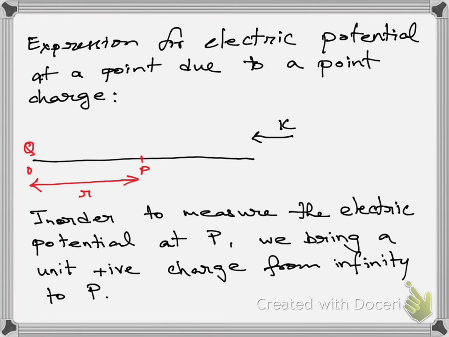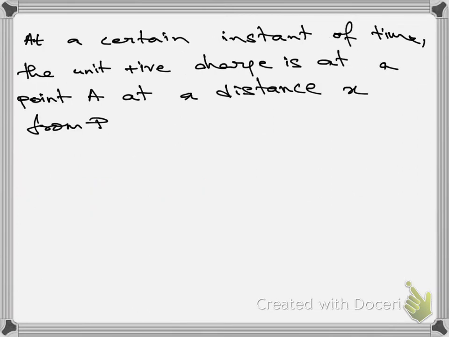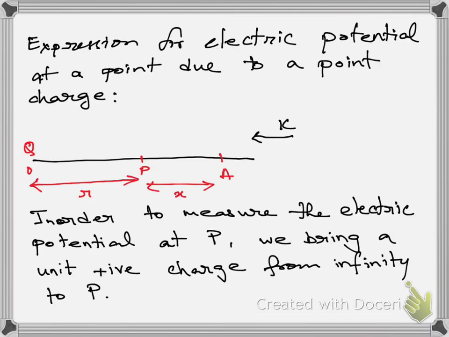While bringing the 1 coulomb charge or the unit positive charge, at a certain instant of time it arrives at the point A, which is at a distance x from the charge Q, from the point O. So I'll just correct it on the diagram. So from the charge capital Q, the unit positive charge is at the point A.